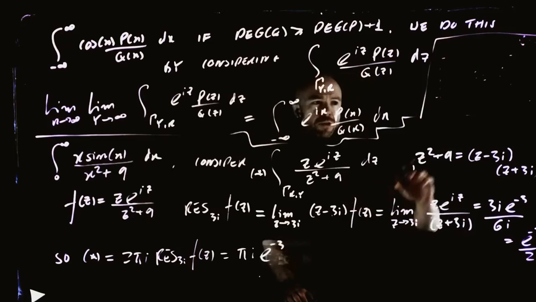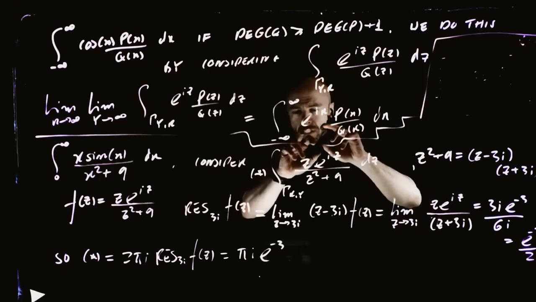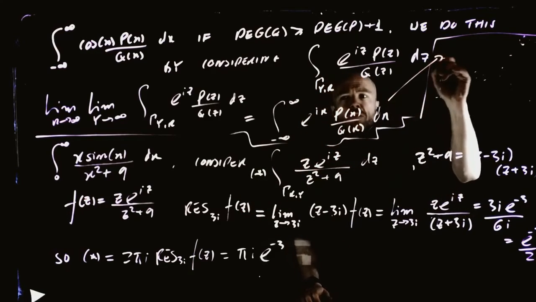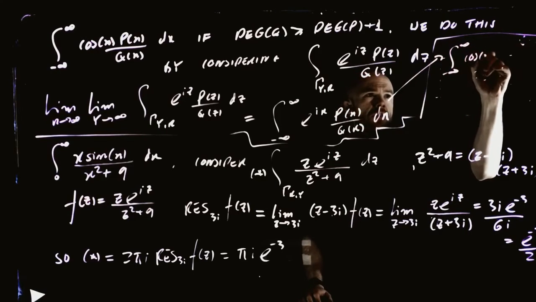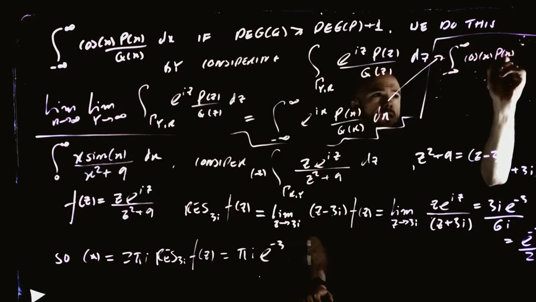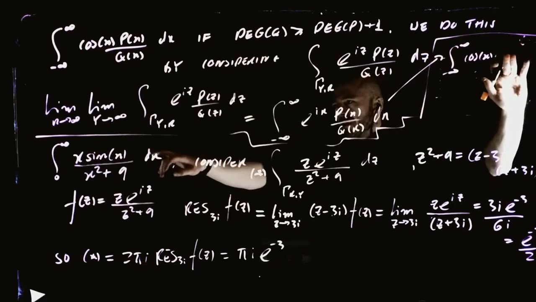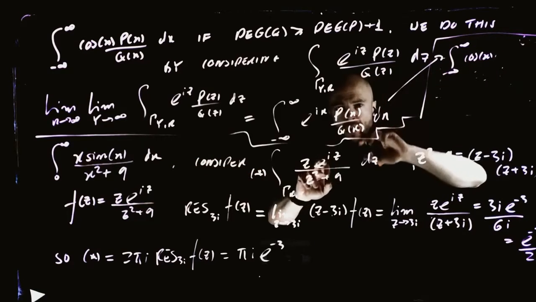So this thing, if we wrote it out as the real and imaginary parts, we have the integral from minus infinity to infinity of cosine of x, p of x. Oh, but let's put the actual polynomial we have. I'm mixing things up. Sorry, let's do that again.